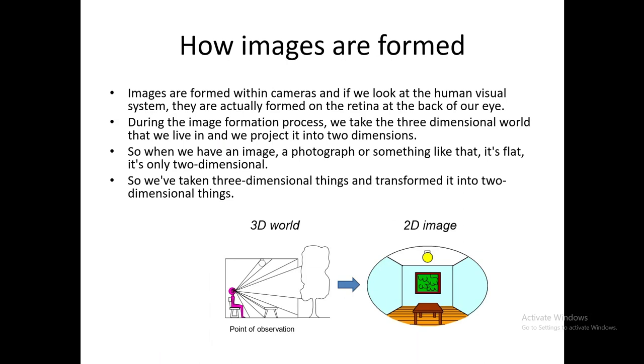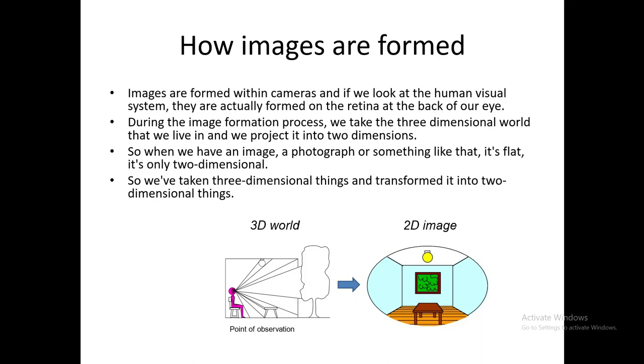Images are formed within cameras, and in the human visual system they are actually formed in the retina at the back of our eye. During the image formation process, we take the three-dimensional world that we live in and project it into 2 dimensions. So when we have an image, a photograph or something like that, it's flat and only 2-dimensional, and so we have taken 3-dimensional things and transformed them into 2-dimensional things.